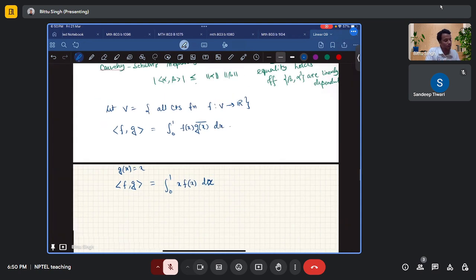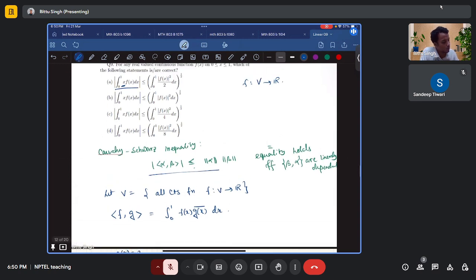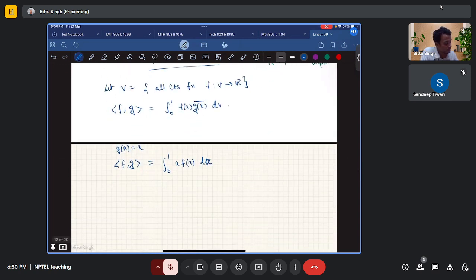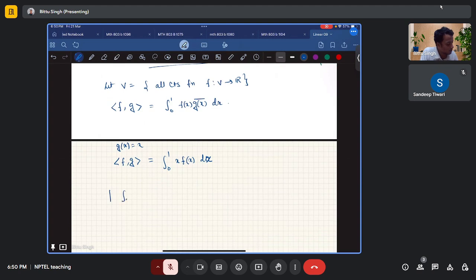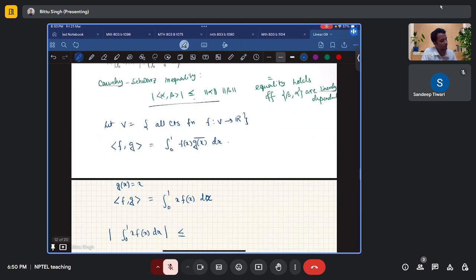Now using this Cauchy-Schwarz inequality, the modulus of the integral from 0 to 1 of x f(x) dx, that is the left hand side, is less than or equal to the norm of alpha, which means the norm of f(x).